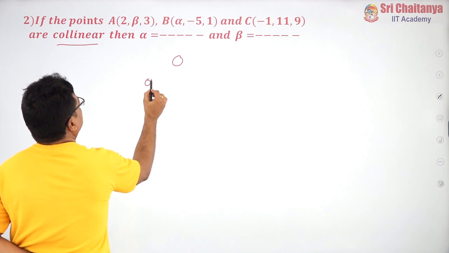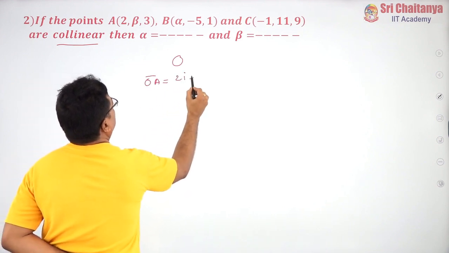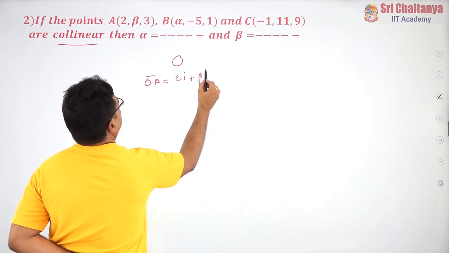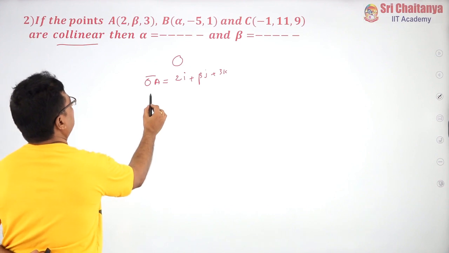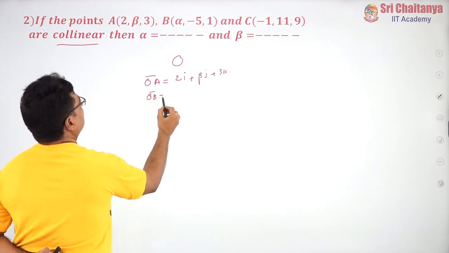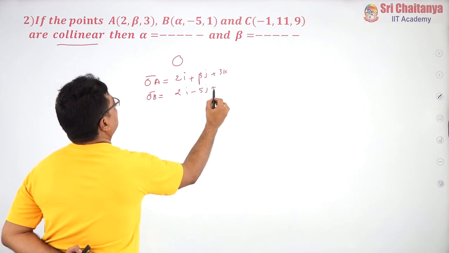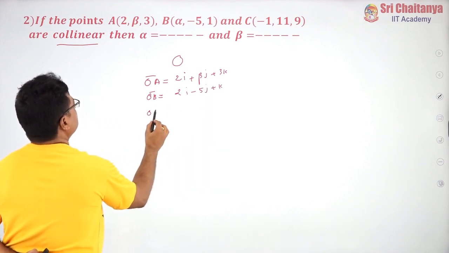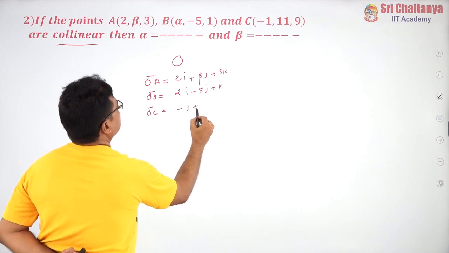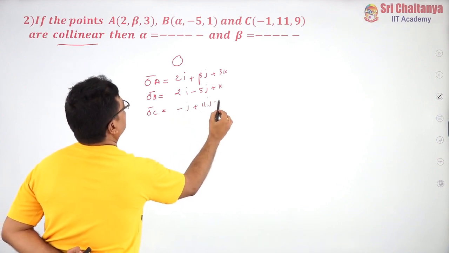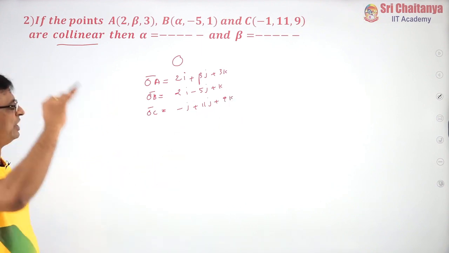Then the position vector of the first point is OA bar, that is 2i plus beta j plus 3k, and the position vector of the second point is OB bar, that is alpha i minus 5j plus k. OC bar is equal to minus i plus 11j plus 9k. These are the position vectors of the three points.